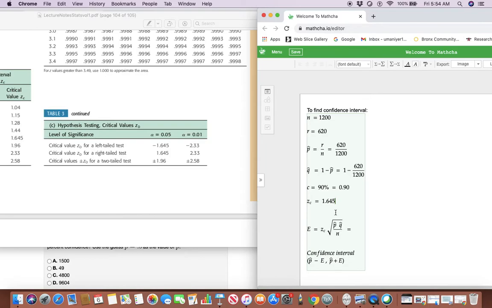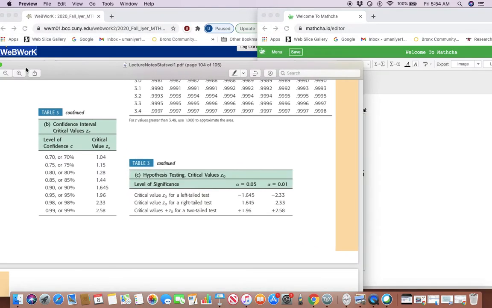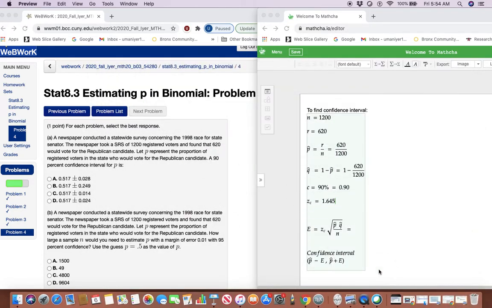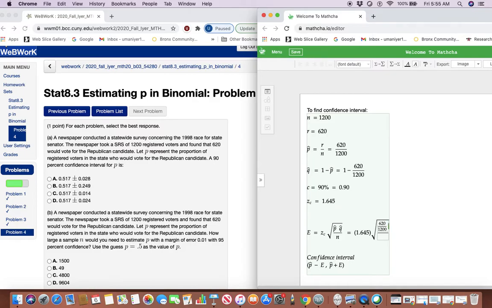I need to find this E. I'm going to take 1.645 and multiply it by the square root of the fraction P hat times 1 minus P hat, all over N. Notice I'm not approximating at all yet, just writing down the expression.